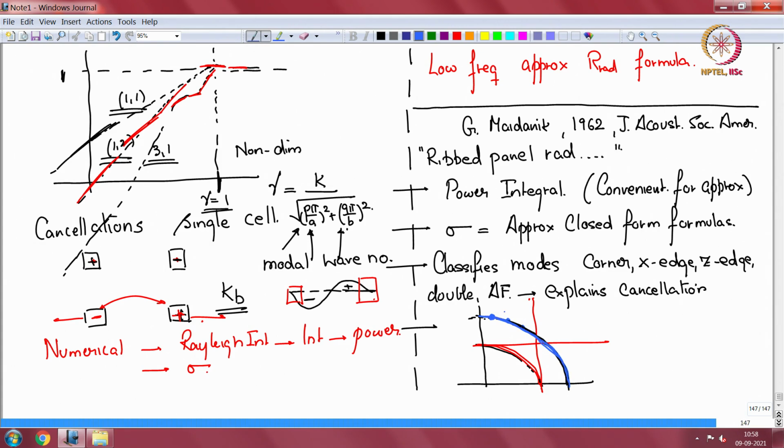Then he computes radiation efficiencies for each of these regions, because these modes will be Z edge, these modes will be X edge, and these modes will be corner and so forth. So he separately computes radiation resistance or efficiency for each of the regions.